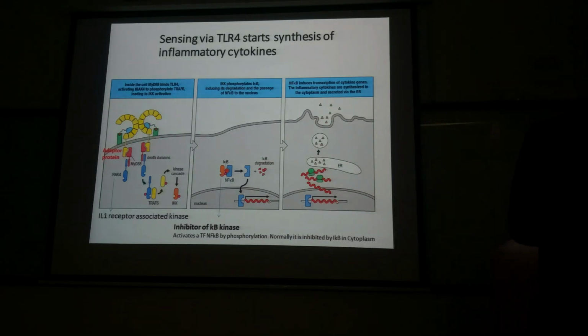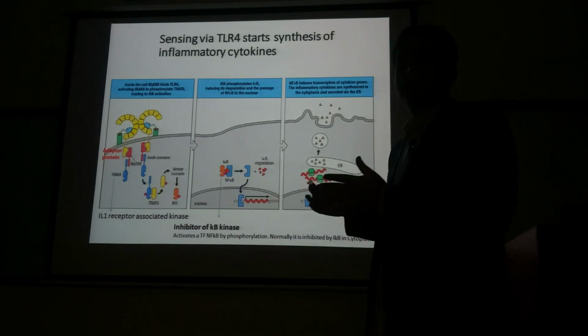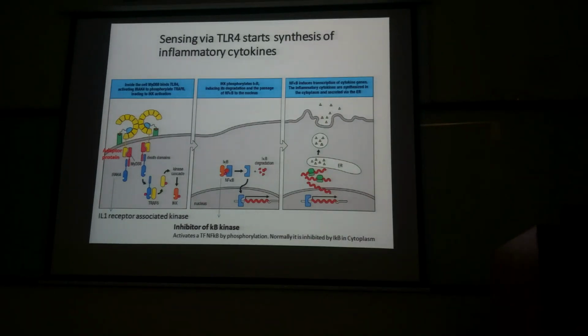Not all the toll-like receptors form homodimers. Only type 1 toll-like receptors form homodimers. The rest of them form heterodimers. So many of them form heterodimers, but some of them form homodimers.